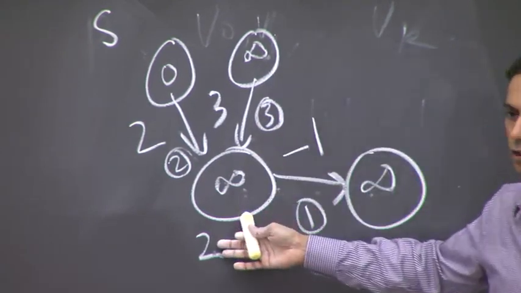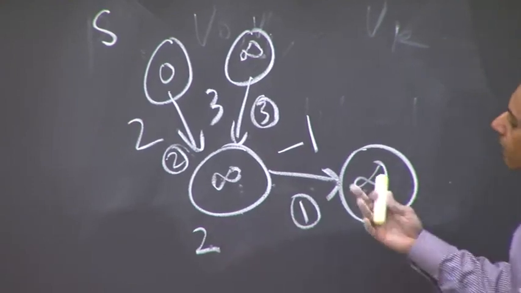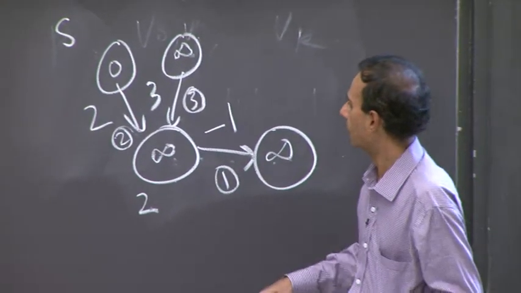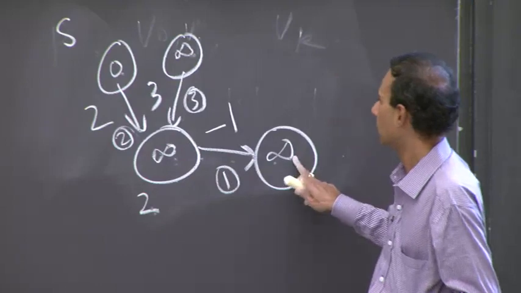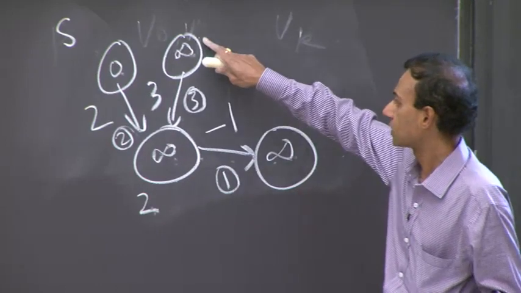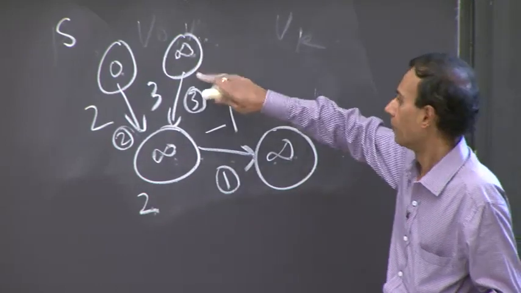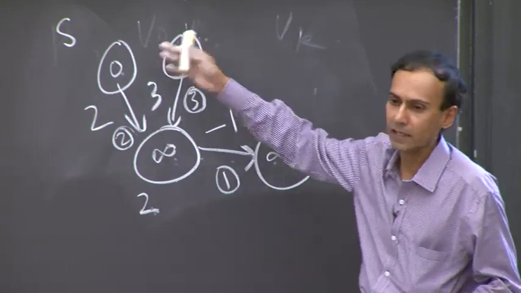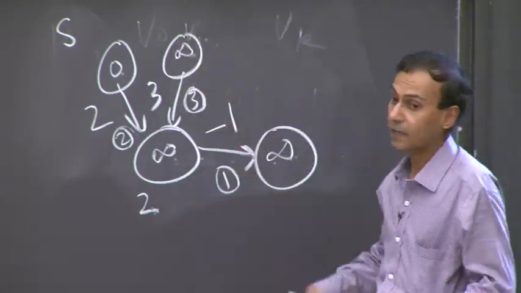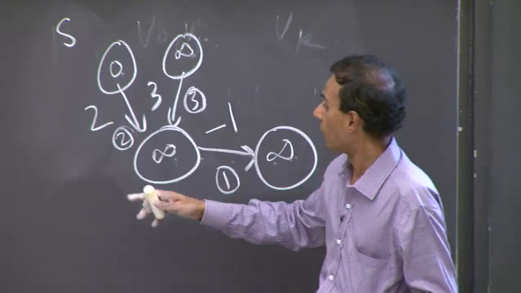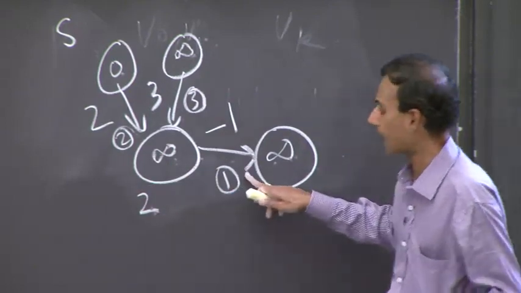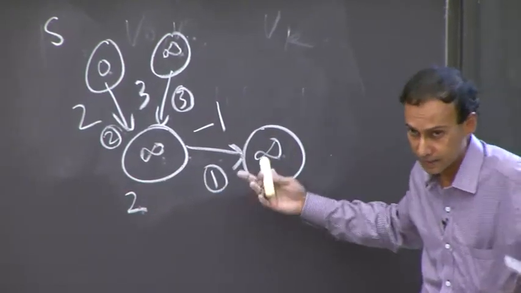Of course, this is already at 2, so nothing would happen. So at the end of the first pass, what you have is, this is 0, that's 2, this is still infinity, that's still infinity. Okay? That's going to stay infinity because you can't reach it from S, so we can sort of ignore that. At the end of the second pass, what you have is, you start with this edge again, okay? Because that's the ordering.